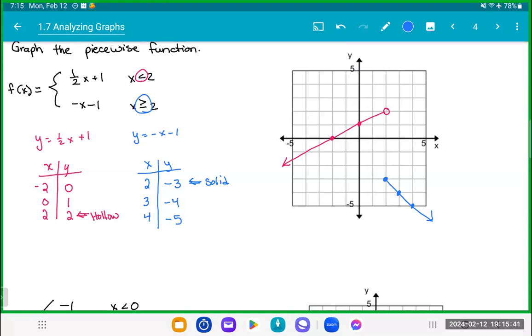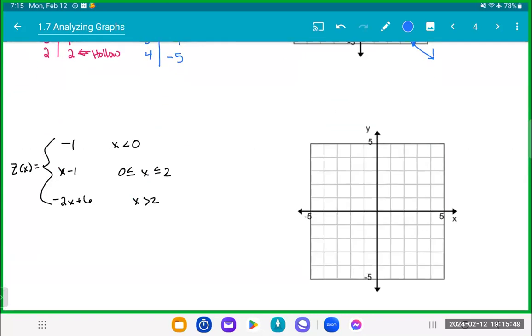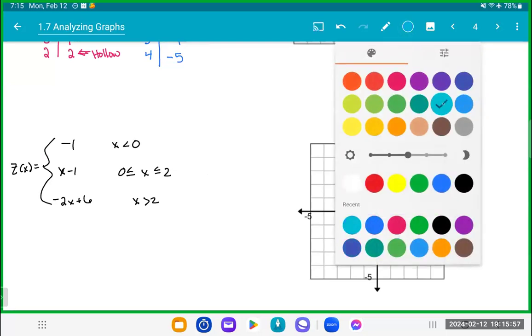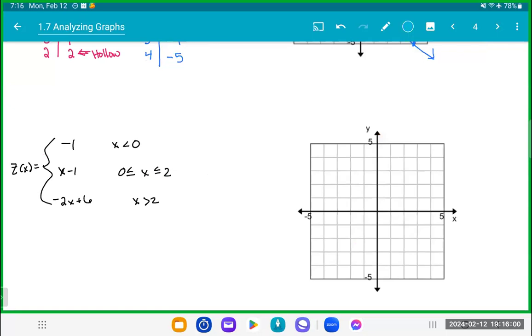Okay, question. Okay, so here's another example of these graphs. So for the first one, it's a constant. So no matter what value x is, my y is going to be -1, at least up to 0.